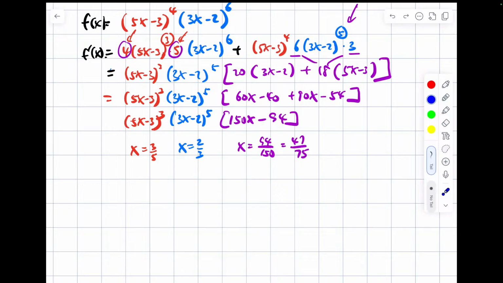And you do the same thing for the other side. Jacob, you got it? Yeah. Okay. Yeah, so you can't factor out 6.